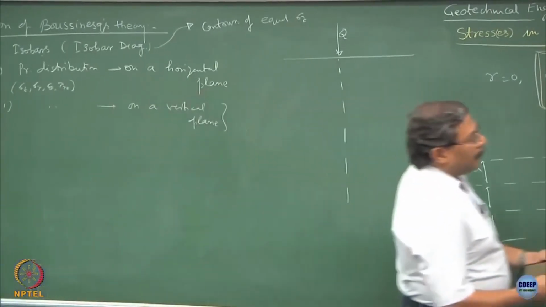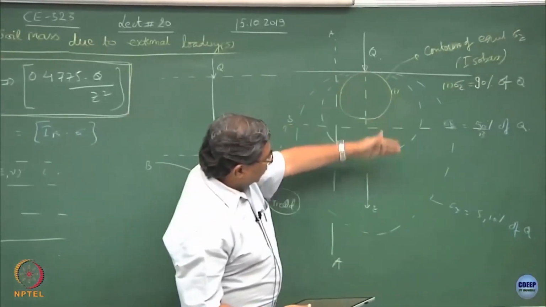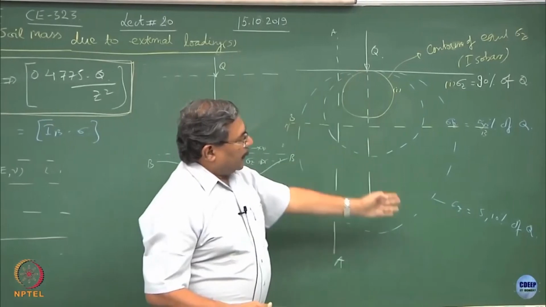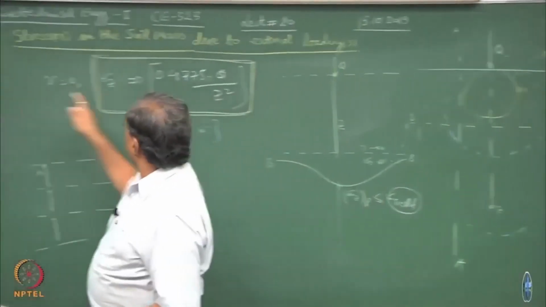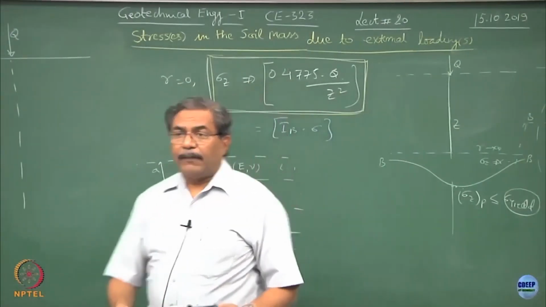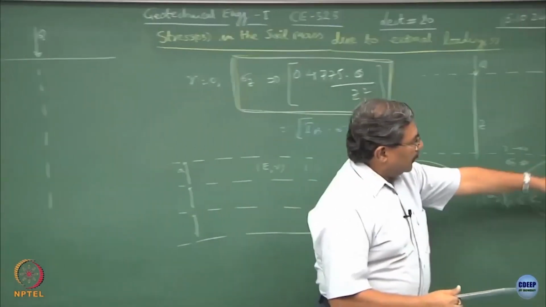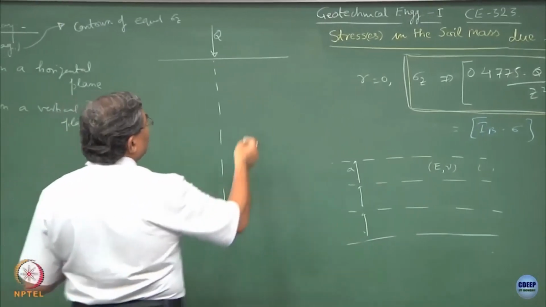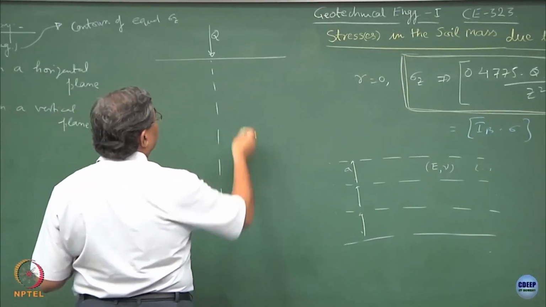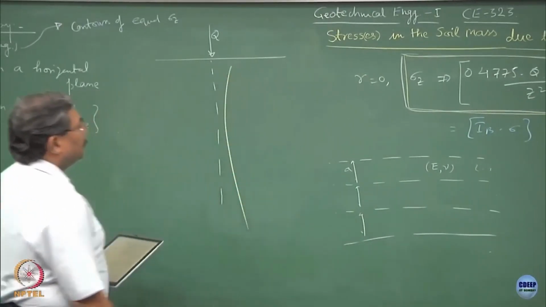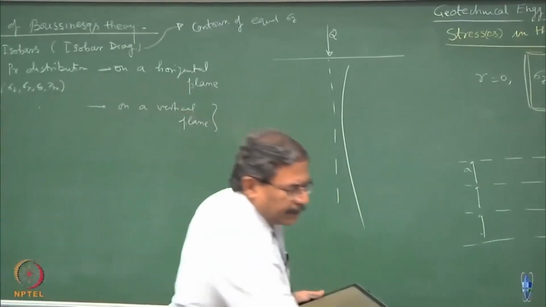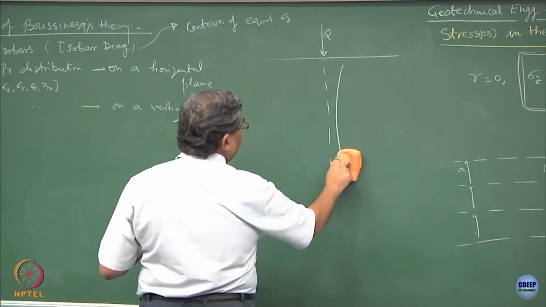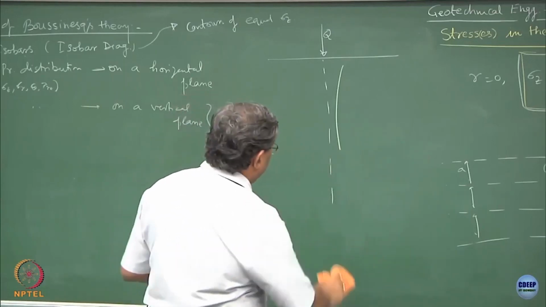So, as you come deeper, the pressure intensity is decreasing, this becomes only 5 to 10% of the Q value, and you can use this expression which I had written over here to compute the state of stress, and you can plot it over here. So, this would be a function like this, it cannot increase, so I have to curtail it somewhere here, okay.